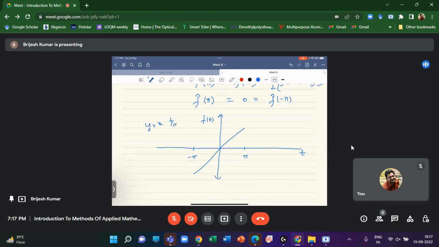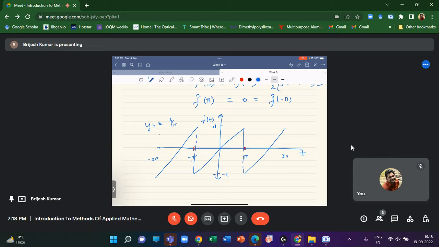Because at minus pi it will be minus 1 and at pi it will be plus 1. Then at pi itself it comes to 0; this value is 0 at pi and minus pi. Then again the function starts like that. This is 3 pi, and similarly if we go to minus 3 pi, it goes like that.